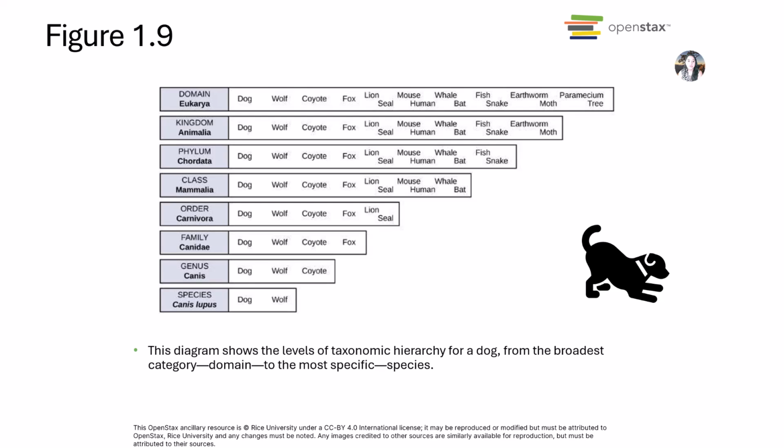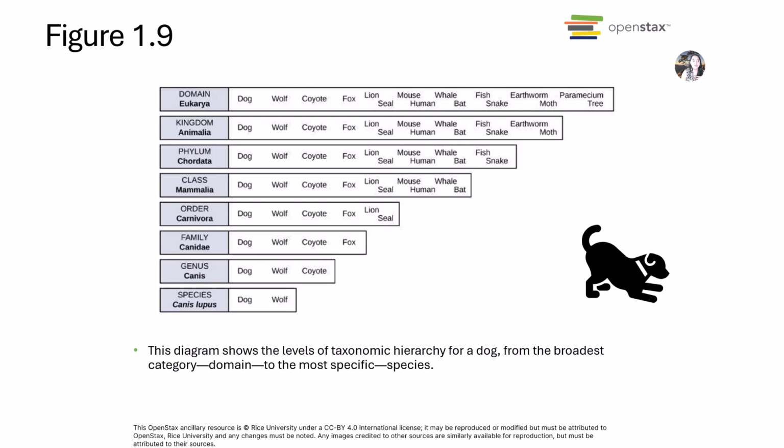So for example, if you think of just a dog, there is actually a bunch of different groupings that you have to place a dog in, and then we can get down to the species. So dogs, at first, you would look at their cells and you would say, okay, these cells have organelles.